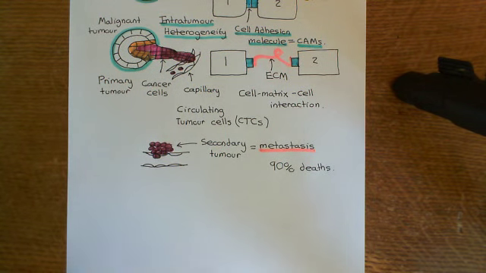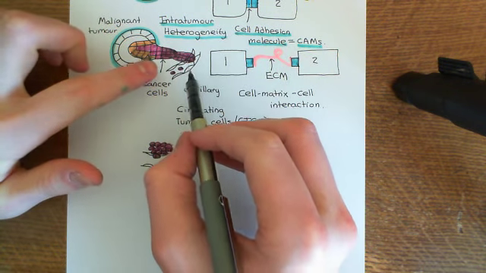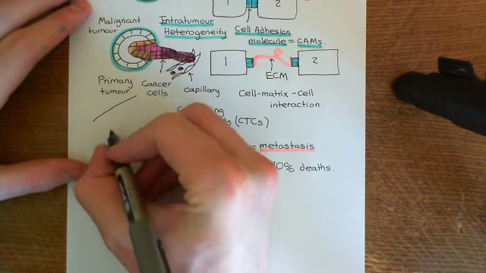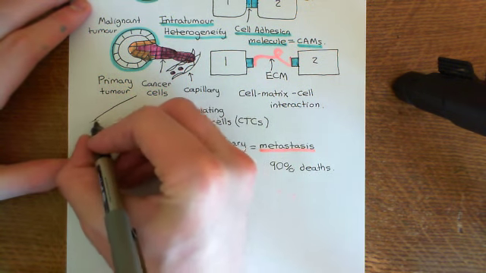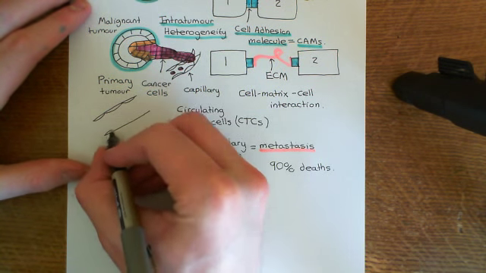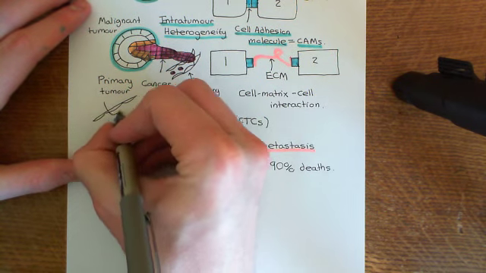Now let's talk about metastases to the lymph nodes. It's not just cancer cells invading into blood vessels that is the problem. You also get them invading into lymph vessels. Now, lymph vessels are much bigger, much more flimsy vessels. So we'll have a lymph vessel here. What happens then if the tumour invades into this?